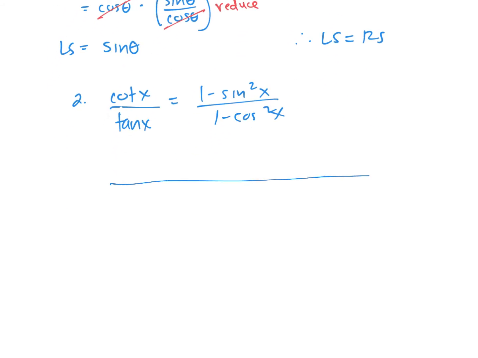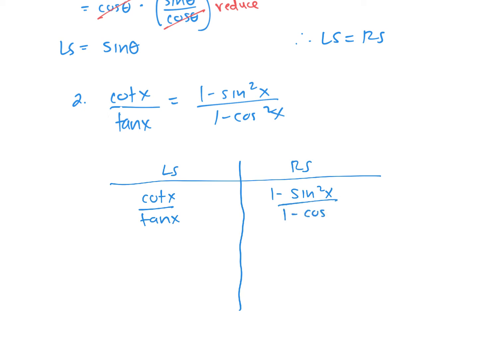Okay, so I'm going to do it in the t-chart this time. Doesn't really matter. I'll just keep it separate. So on the left side, I have cotangent divided by tan, and on the right side, I have 1 minus sine squared over 1 minus cos squared.